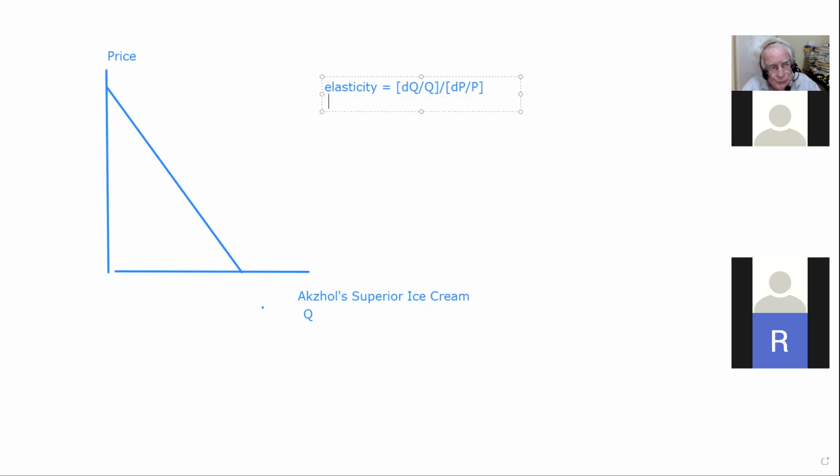And you remember that we can rewrite this expression as the derivative of quantity with respect to price, so it's the ratio of price to quantity.